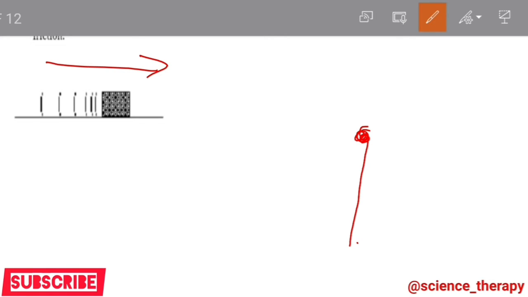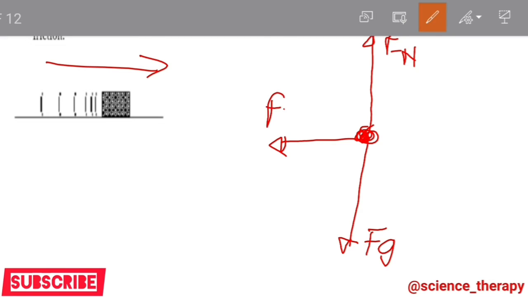The obvious ones are your gravitational force acting downward, and then since this is on a surface, we have the normal force, but then here the object is moving to the right. That means the kinetic frictional force will have to act on the left of the object, right? The object is moving to the right, therefore the kinetic frictional force will be to the left.